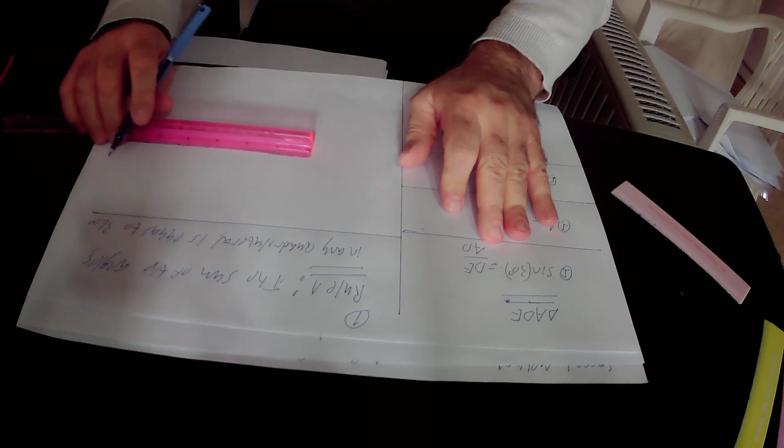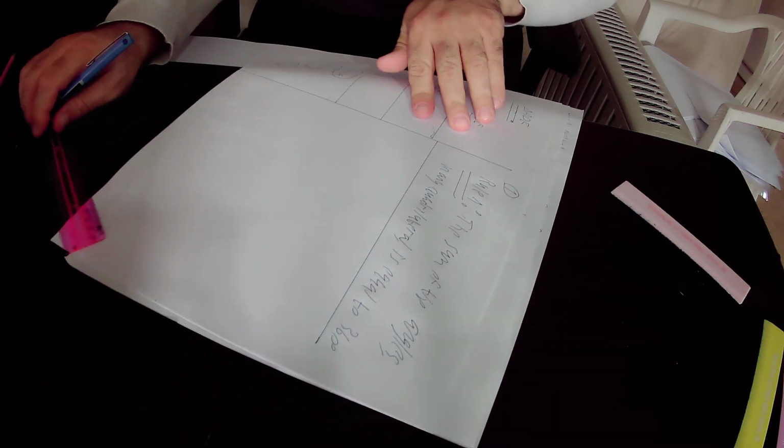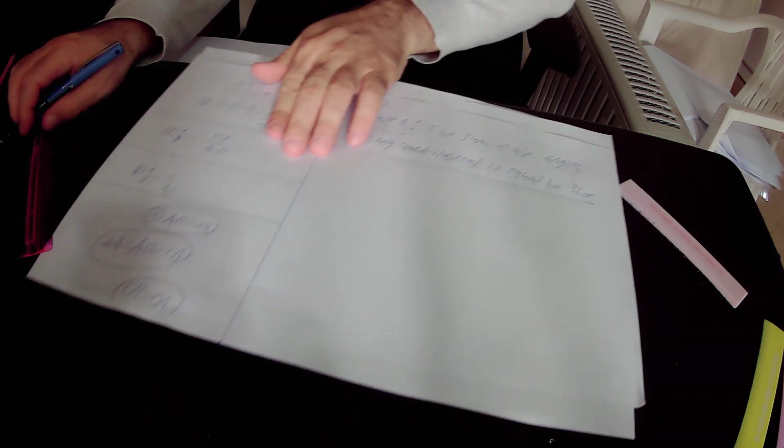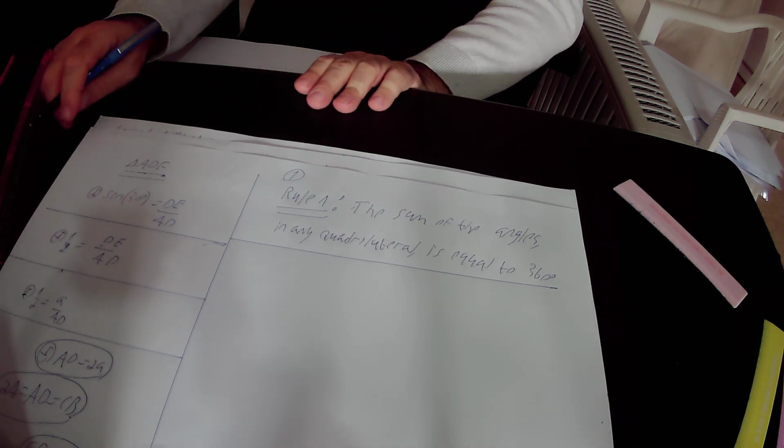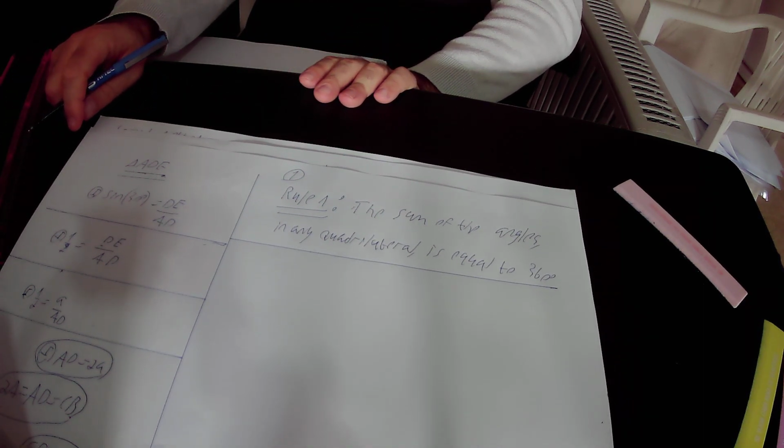So I will read rule number 1 again. According to rule number 1, the sum of the angles in any quadrilateral is equal to 360 degrees.